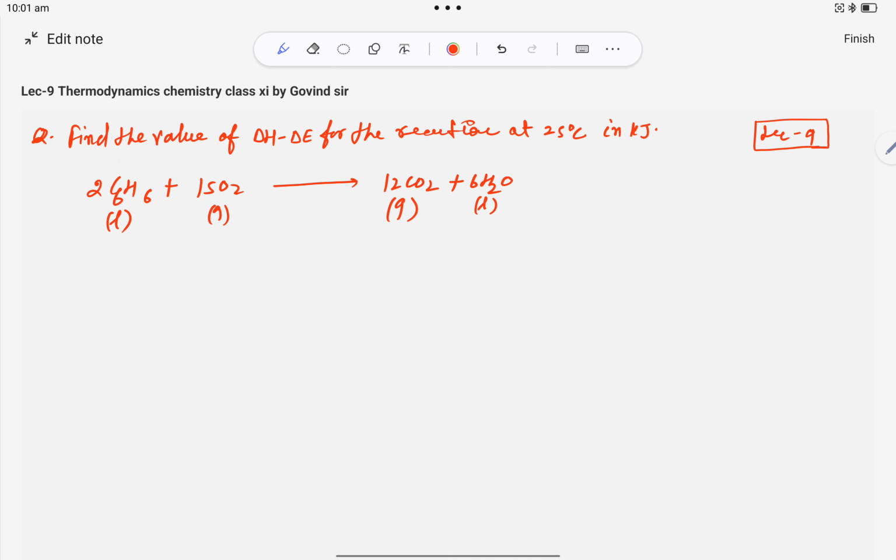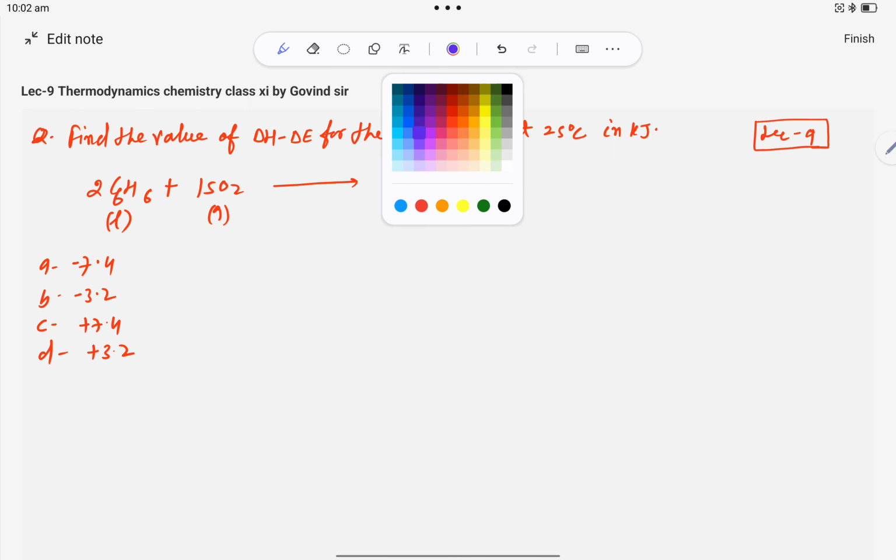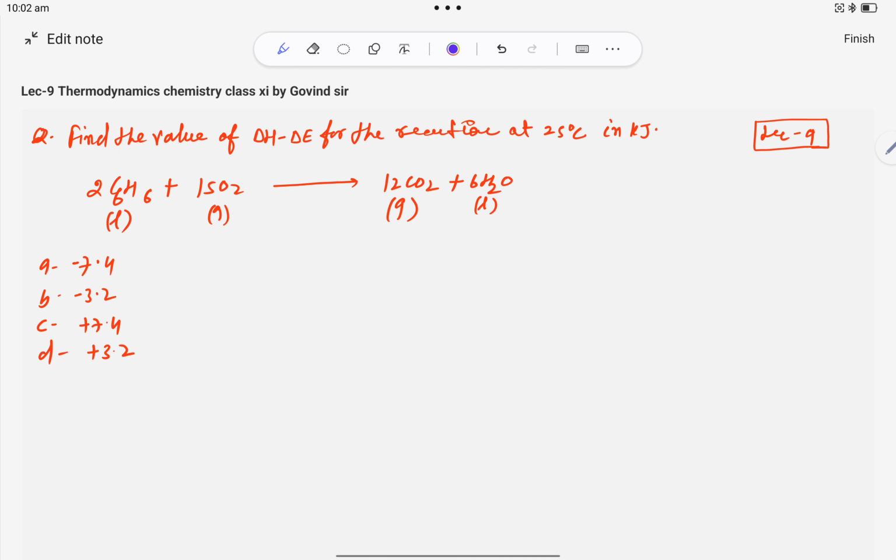Options are given. Option A minus 7.4, option B minus 3.2, option C plus 7.4, and option D plus 3.2.